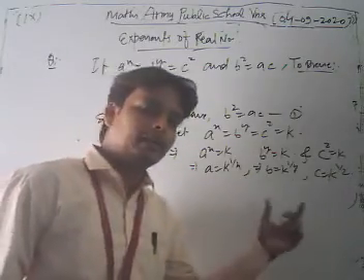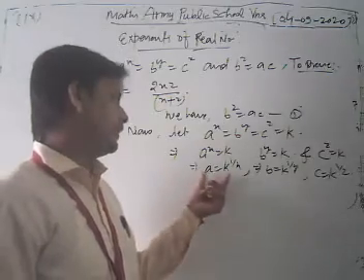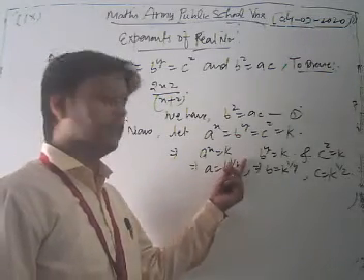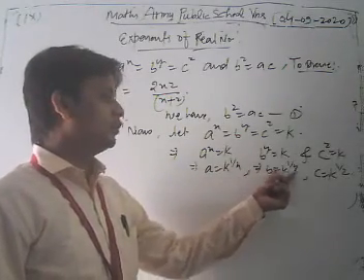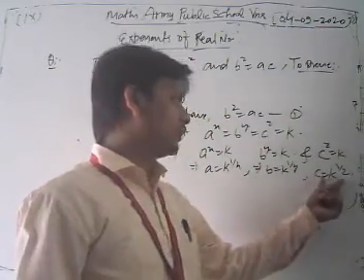Here we apply some basic laws of exponents. So in this way we get a equal to k to the power 1 upon x, b equal to k to the power 1 upon y, and c equal to k to the power 1 upon z.